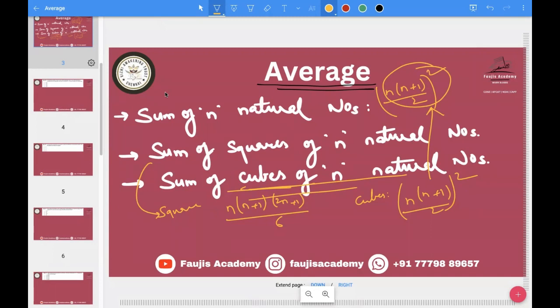The first one is n into n plus 1 by 2. The second one is n into n plus 1 into 2n plus 1 by 6. And the third one is the square of the first. Square of this is n into n plus 1 by 2 whole square. That's it. Over.